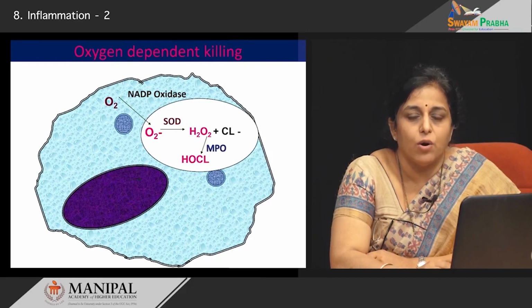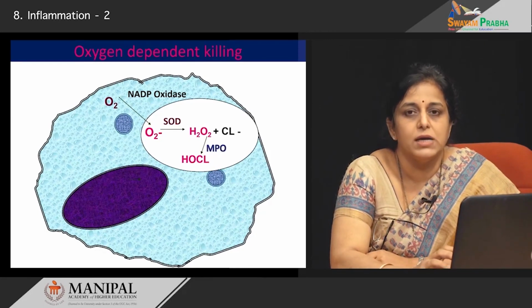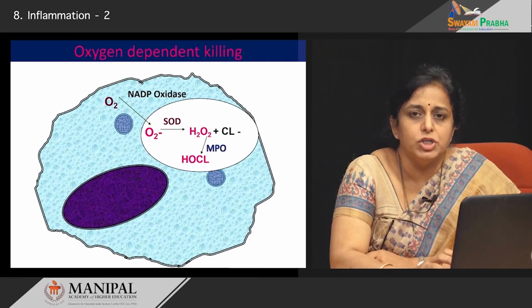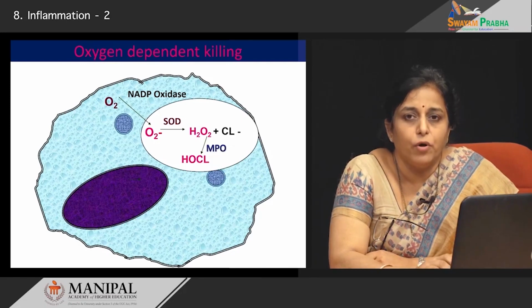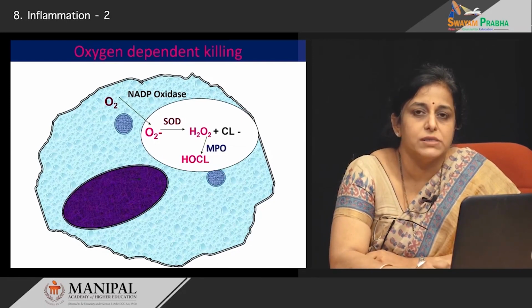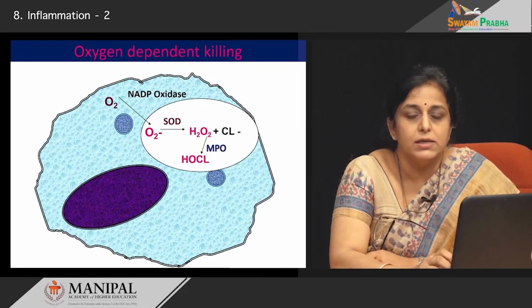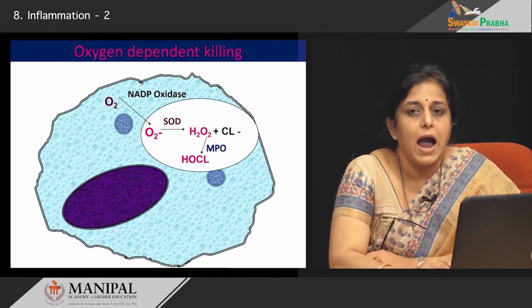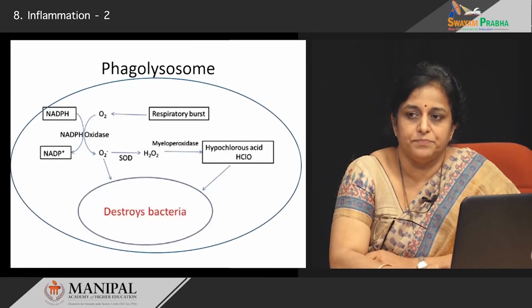So, you can see here the oxygen dependent killing includes several oxygen radicals like superoxides, hydrogen peroxide. In addition, hypochlorite, which is formed by binding of hydrogen peroxide with the chloride. And three important enzymes are involved in the process: NADPH oxidase, superoxide dismutase and myeloperoxidase.